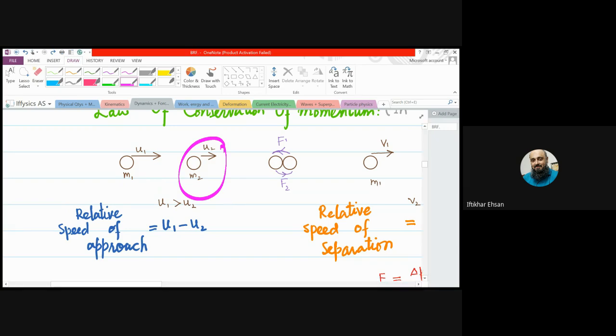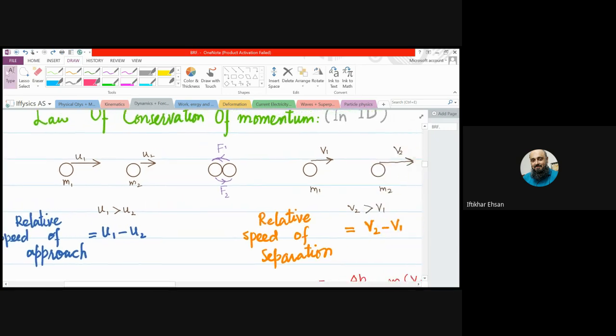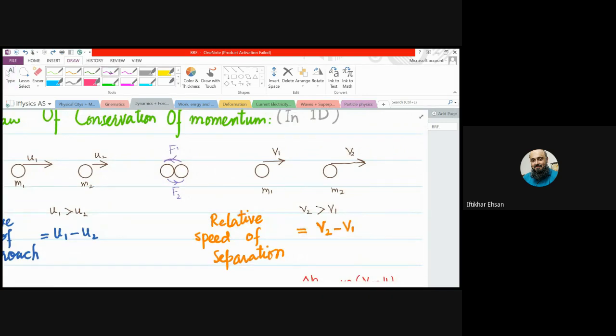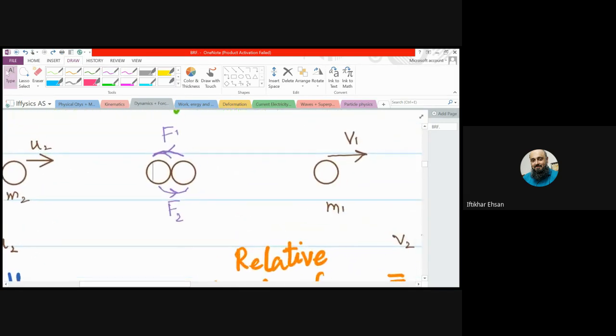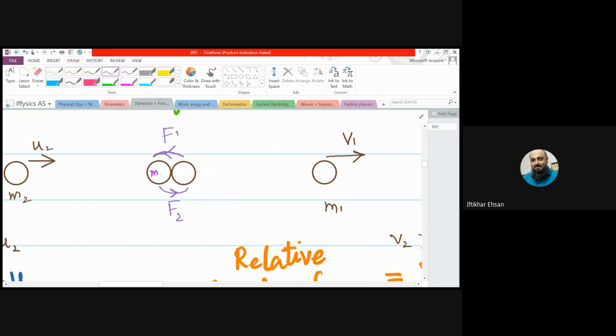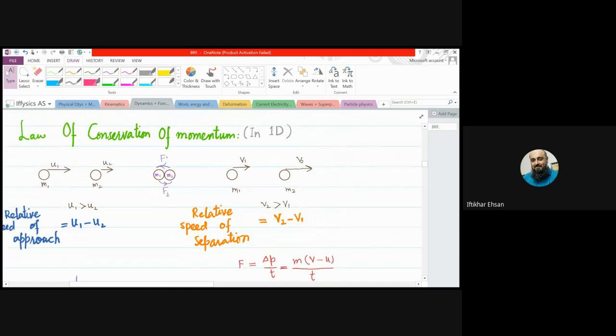So when these two objects, M1 and M2, strike and collide with each other, usually the object which was faster now becomes slower, and M2, which was initially slower, now will get faster. Like in snooker, you strike the white striker ball to the other red or colored ball.